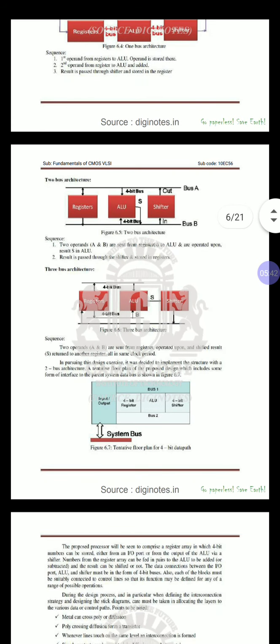Three bus architecture. There are three buses. There are three communication paths. Two operands A and B are sent from registers, operated upon, and shifted result returned to another register, all in same clock period.